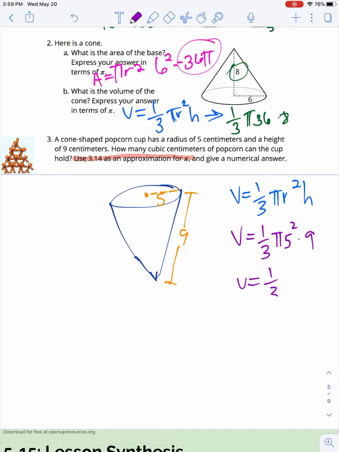So 1/3 pi times 25 times 9. I'll just solve this one right now for you guys. 25 times 9 is 225. So 225 times pi times 1/3.